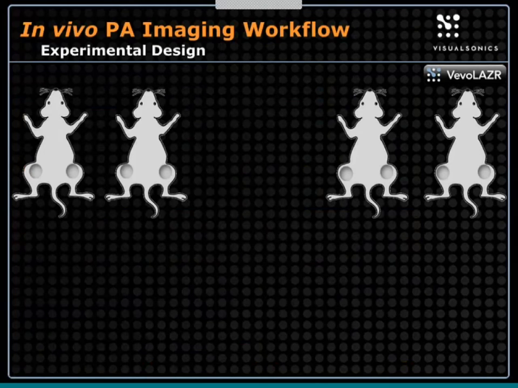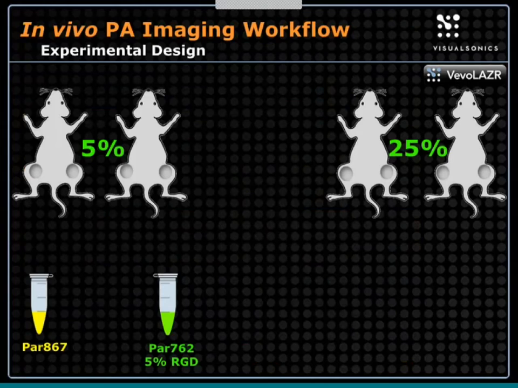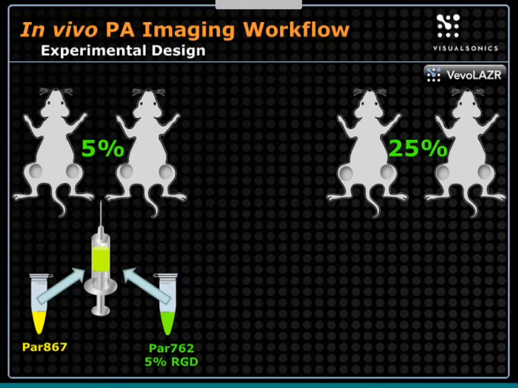And then we separated these animals into two groups, one 5% group, one 25% group. So the 5% group gets PAR 867 and PAR 762, so essentially, 5% RGD targeted. We essentially just combine these in the same syringe and inject the combination of those 2 contrast agents at the same time into each animal.